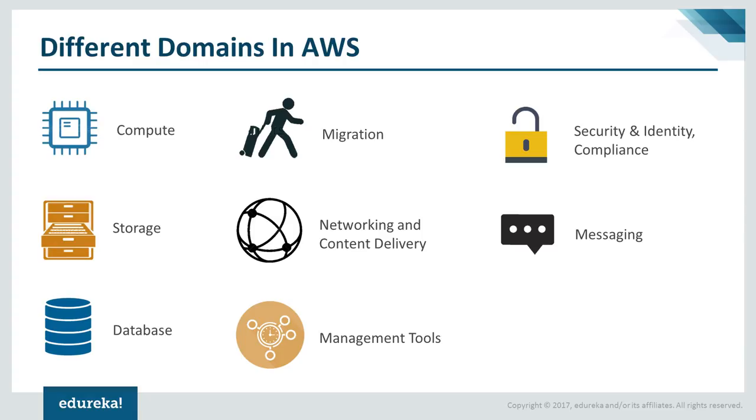Next, we have security and compliance. Now, there are quite a few services again that come under this domain. We have IAM, we have KMS. Now, IAM is basically an identification and authentication management tool, where users are identified, validated and authenticated to use the services that AWS provides.